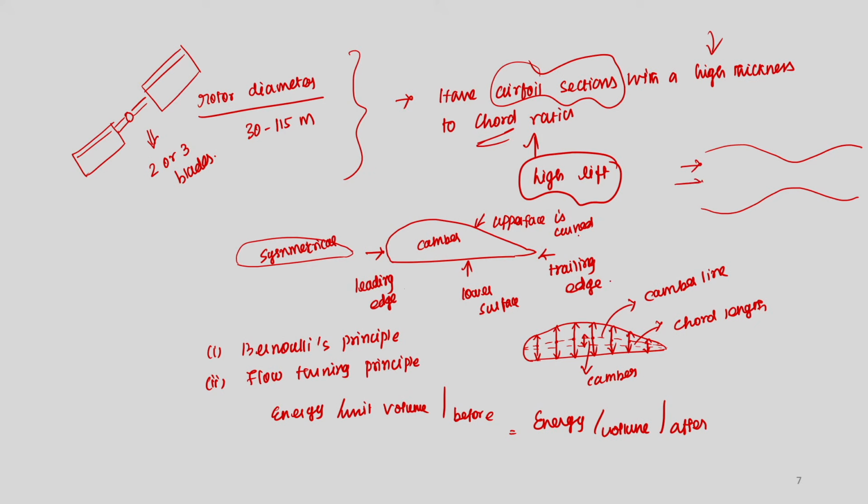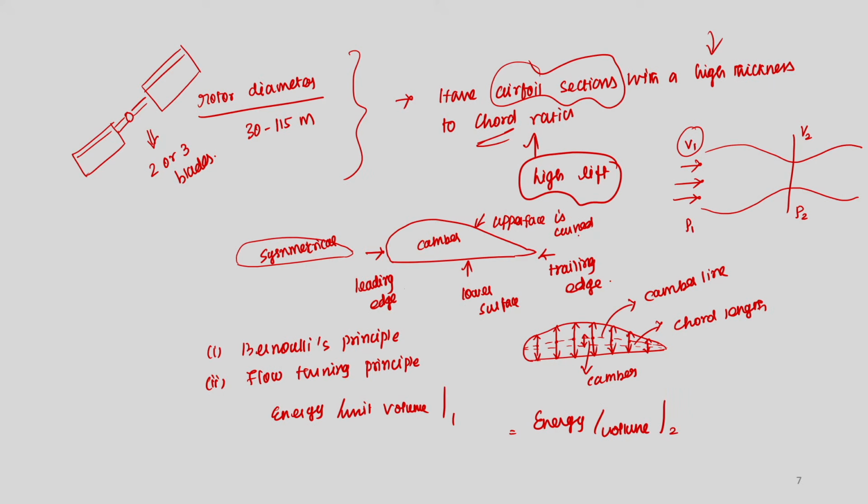So, you will have the fluid entering with velocity V1 and pressure P1. This is section 2, where you would get a velocity V2 and P2. Before is section 1, and after is section 2. This is the energy conservation principle.